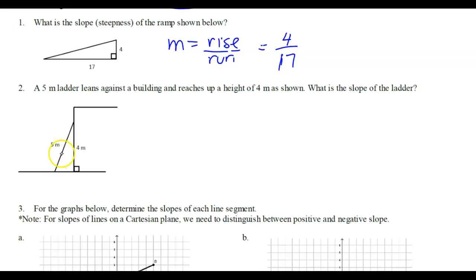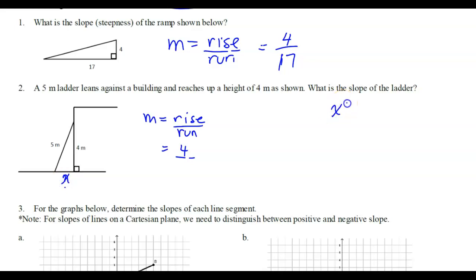Okay, so the slope of that, we need rise over run. The rise is 4, but we do not know what the run is. We need to know what the horizontal distance is. Okay? Well, it's a right triangle. How do we find a missing side of a right triangle? Pythagorean theorem. I'm going to call that x.